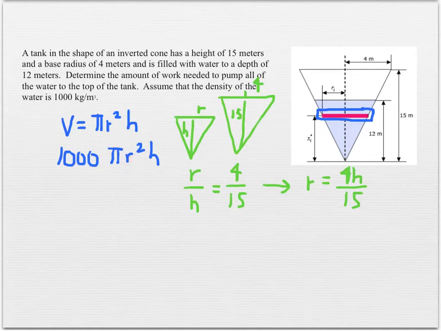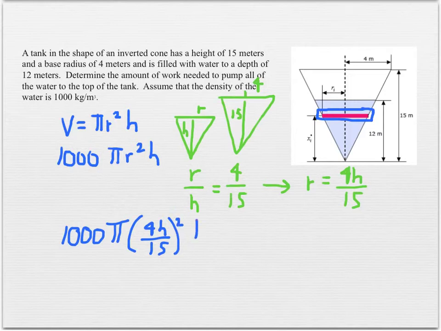And so then what I'm going to have is 1,000 pi, but not r. I'm going to put 4h over 15, and I need to square that, and then I'm going to multiply that by the height.